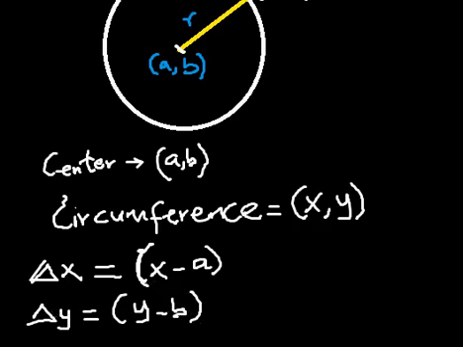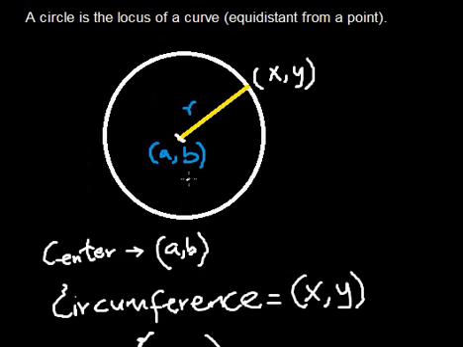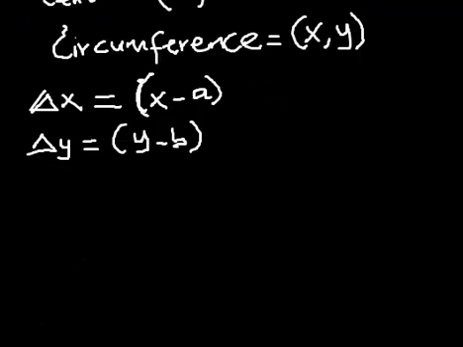This increment in x is the horizontal line, and this is the increment in y. So I'll be able to get the radius of this circle. Remember, the radius of this circle becomes the hypotenuse. Delta x is the adjacent, delta y is the opposite.